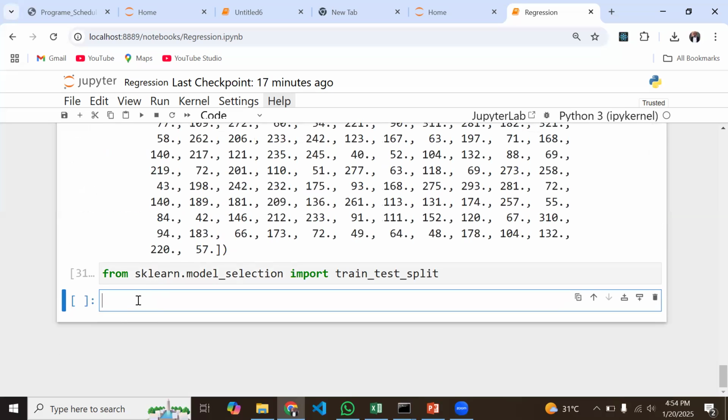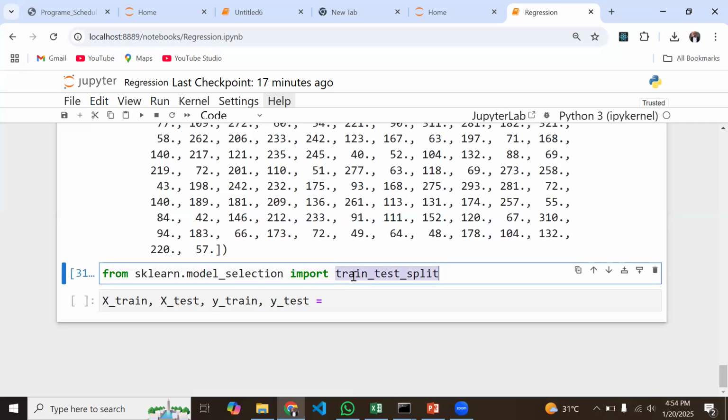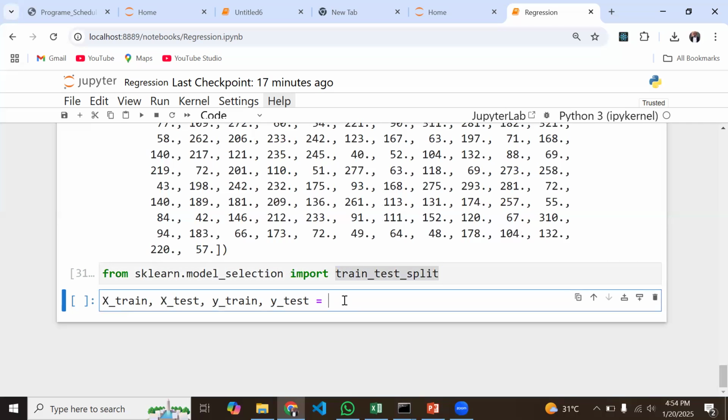All right. So I'm going to do X_train, X_test, then y_train, then y_test should be equal to train_test_split, then we can bring this down and I'll pass in our X inputs and our y output.